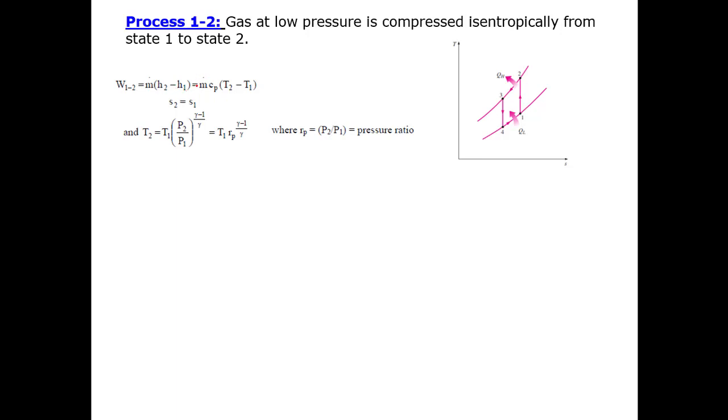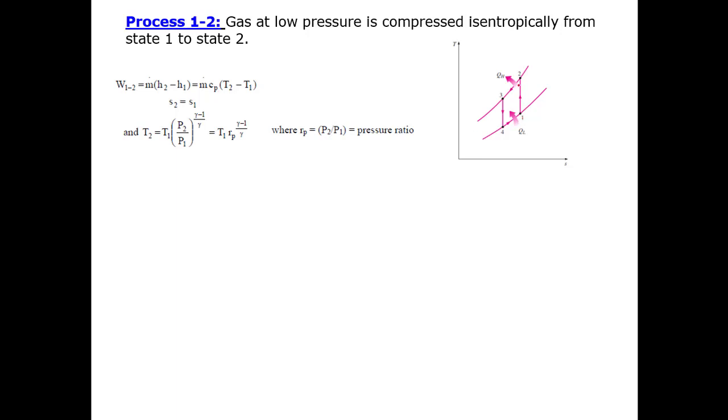And if we assume Cp to be constant, which is also called the cold air standard assumption, because for the air conditioning range, the value of Cp is not varying too much, since the operating temperature for air conditioning is not very high. So that will be m Cp delta T, so T2 minus T1.